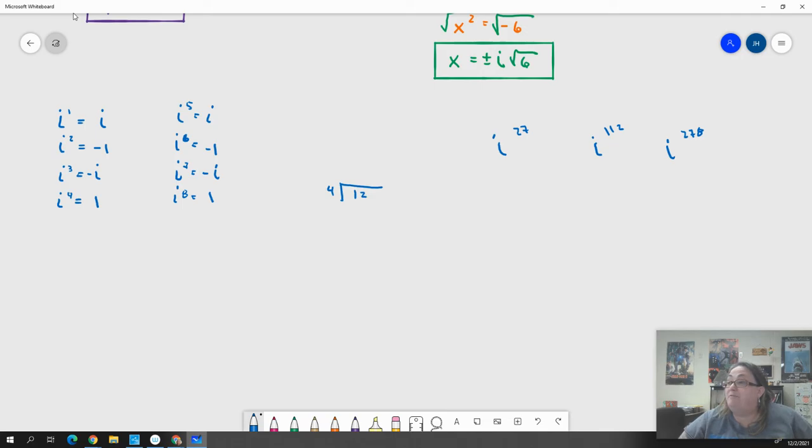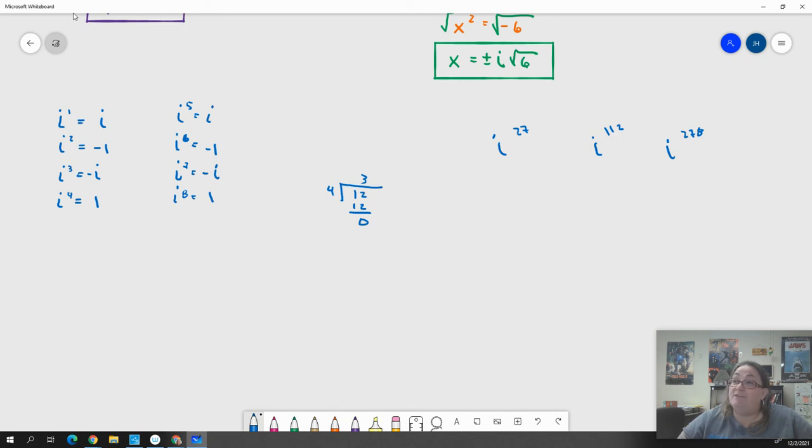I divide this by 4 and there's no remainder, so my answer is going to be 1. 12 divided by 4 is 3, with 0 remainder, so the solution is going to be 1. If I have a remainder of 1, it's i. If I have a remainder of 2, it's negative 1. And if I have a remainder of 3, it's negative i.